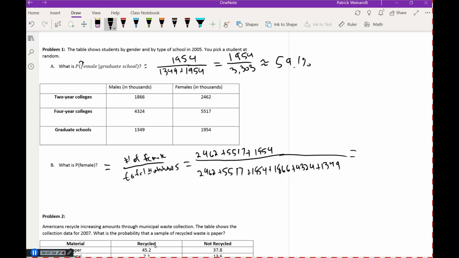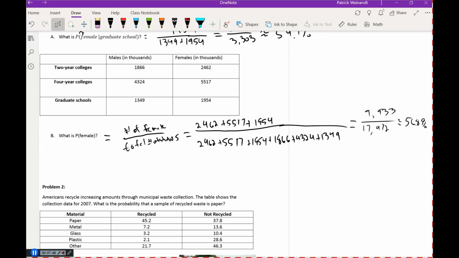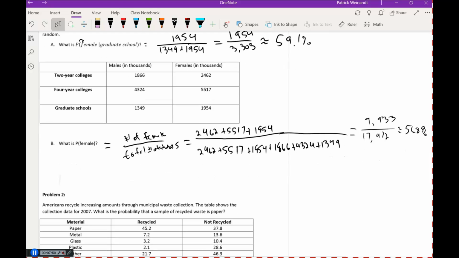Add all that together, you should get 9,933 over 17,472, which figures to be about 56.85%. So there's a 56.8% chance that there is a female in this student population of all of these schools. That wasn't a conditional probability, but the first part was, part A.